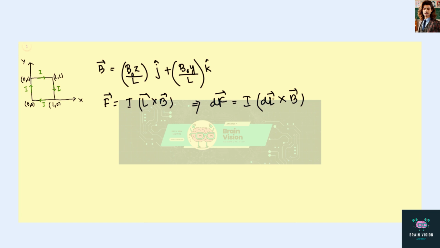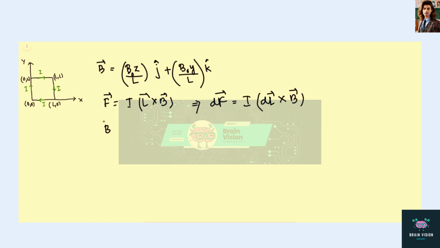Now for each side of the loop, dl is parallel to that side of the loop and is in the direction of I. Since the loop is in the xy plane, z is 0 at the loop, and By is 0 at the loop, because we just plug z equal to 0 in this equation.